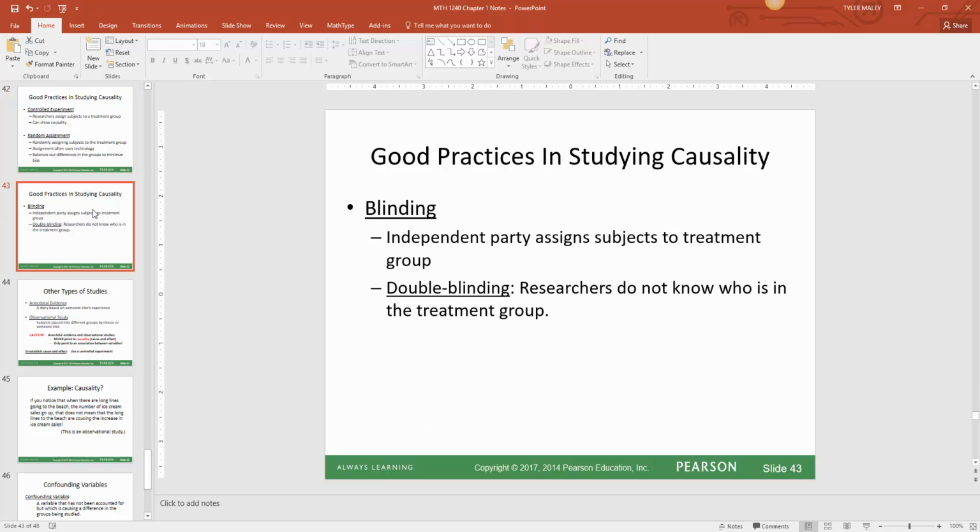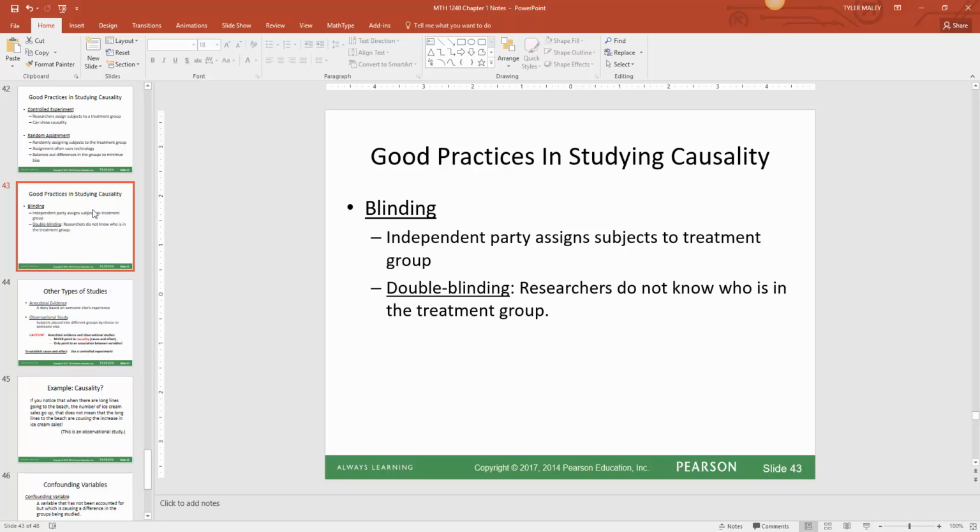So another good practice in causality is blinding, right? So blinding is where the independent party assigns subjects to a treatment group, right? So the researcher or the subjects don't know what treatment group they're in, right? And then double blinding is where the researchers also do not know who's in the treatment group.